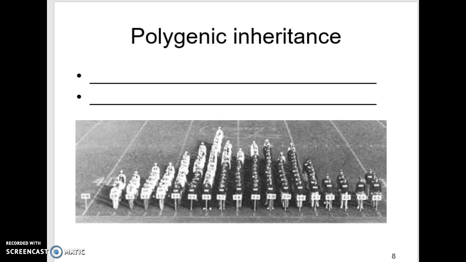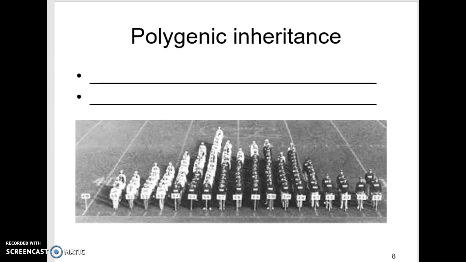So when you look at the spectrum of height, and that's what this very old black and white image is showing us, here's a spectrum of height in a senior class at a high school. That's controlled by a bunch of genes. There's no one gene that says you're 6 feet tall, or 6 feet 1, or 6 feet 2, or 5 feet 8, or 5 feet 7, or 5 foot 6, and so on. It's not one single gene.